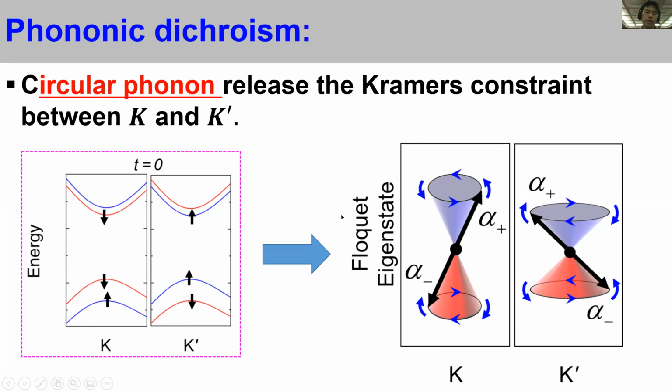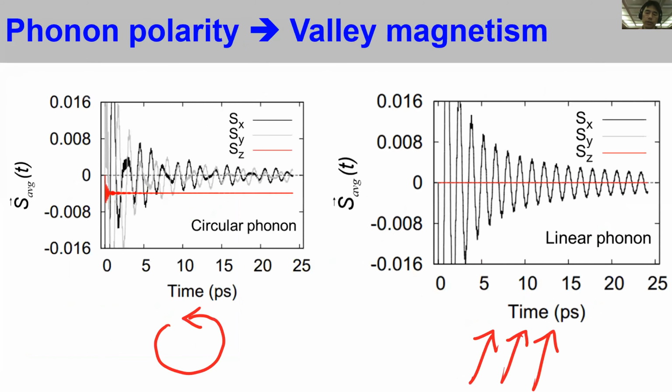So in summary, we can say that the exact opposite nature of the spin up at the K valley and the spin down at the minus K valley, the Kramers constraint is now released, and further we calculated, in a time-average sense, that the circular phonon produces a net spin value.